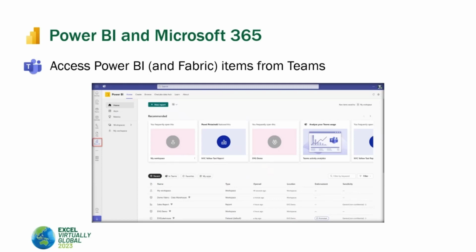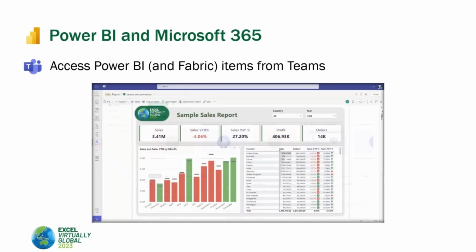Well, lakehouses will open in the browser, but they are still visible in the interface of the Power BI application in Teams, right? And you can open reports and datasets and other items that are typical for Power BI right in Teams. No need to switch between Teams and Power BI and the Fabric portal. Okay.